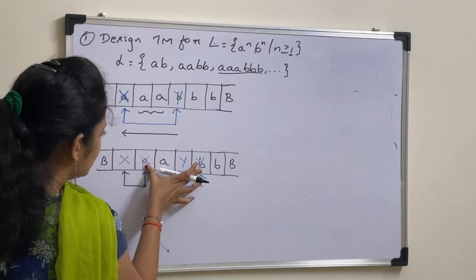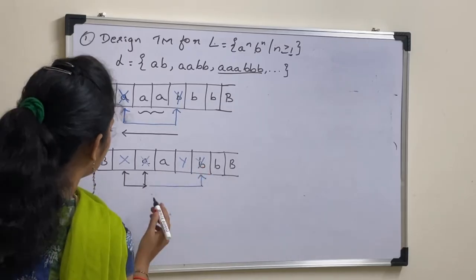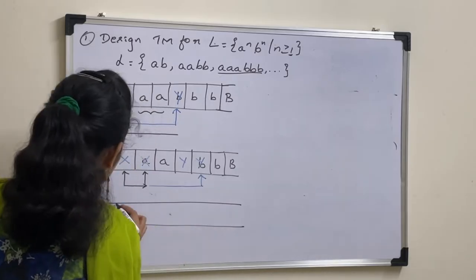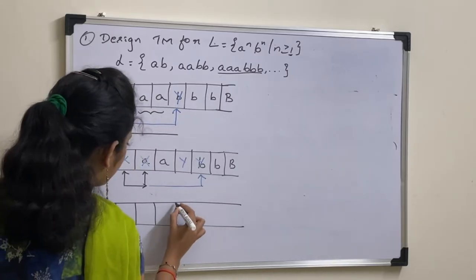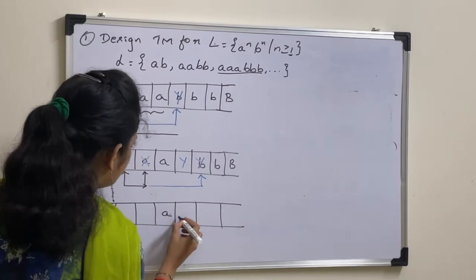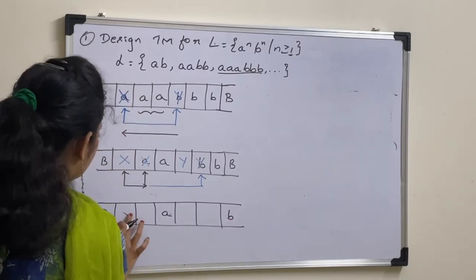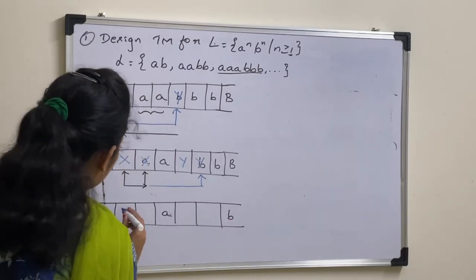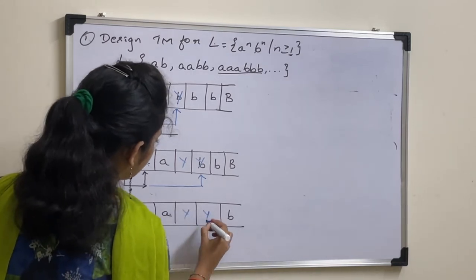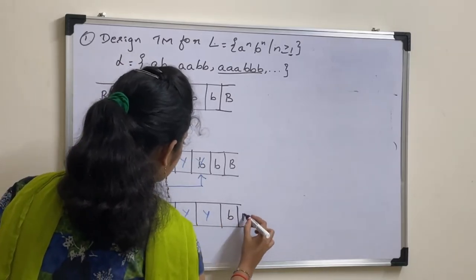Okay, so the second A and second B are now marked with X and Y. Now the third operation is, we need to mark the third A and third B. The leftover symbols are the third A and third B. You can just fill these cells with X and Y, and at the end you should place a blank symbol.